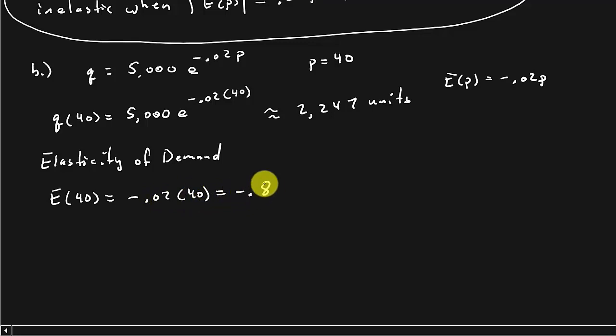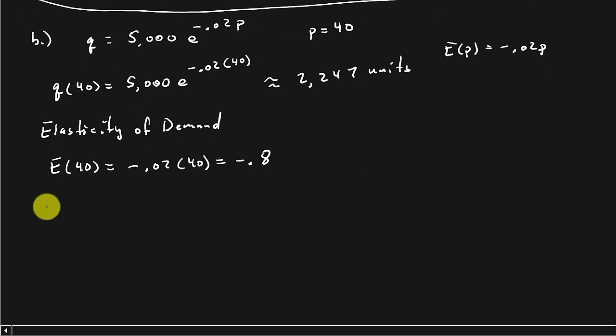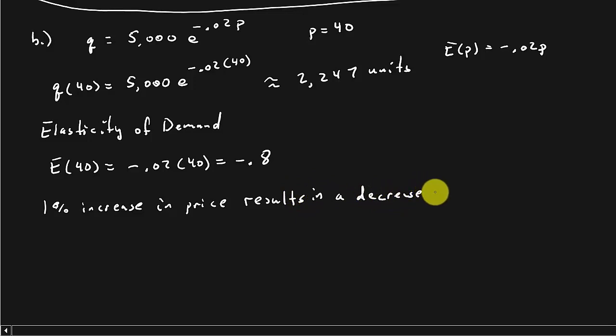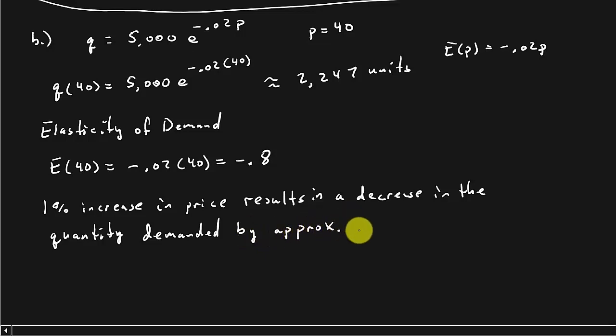Okay, so what this is saying is that a 1% increase in price results in a decrease in the quantity demanded by approximately 0.8%.